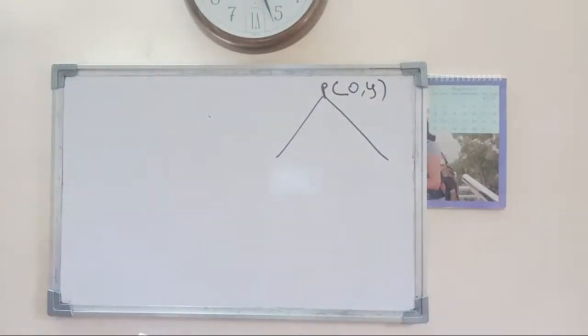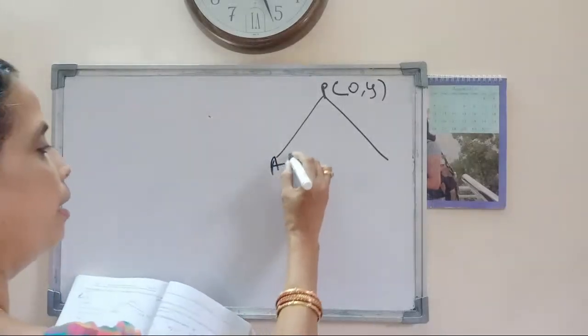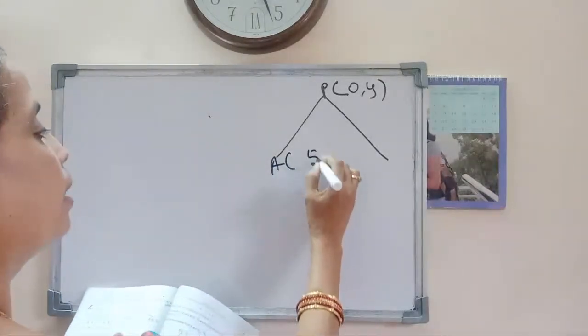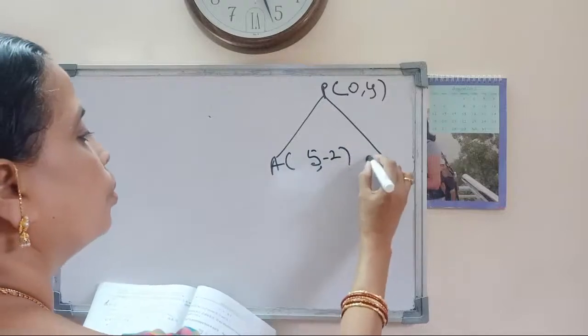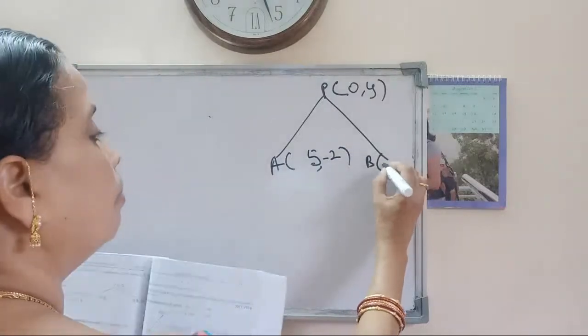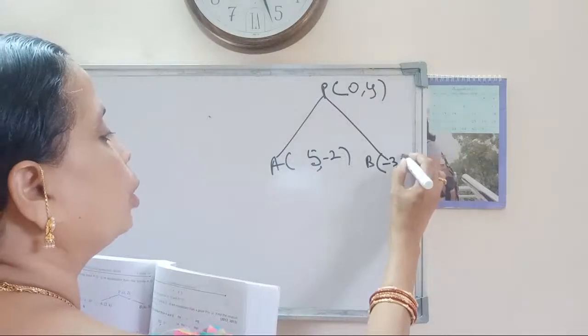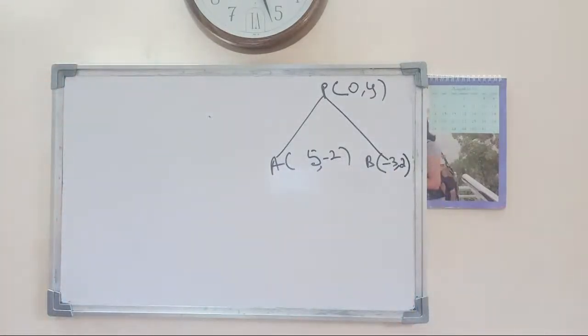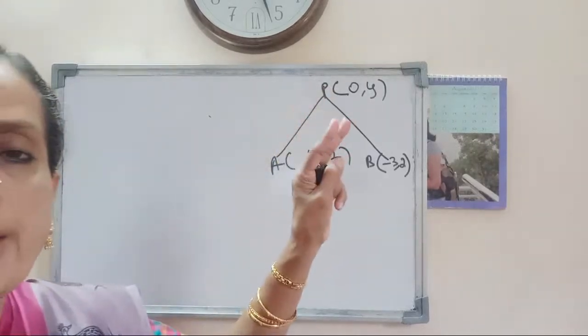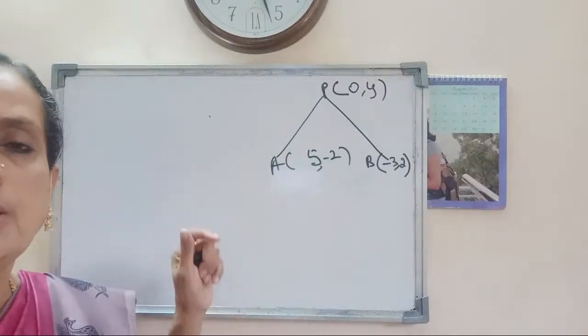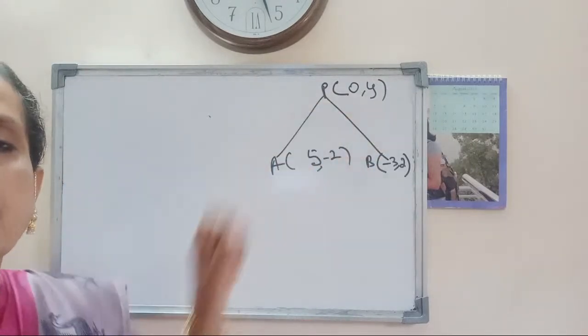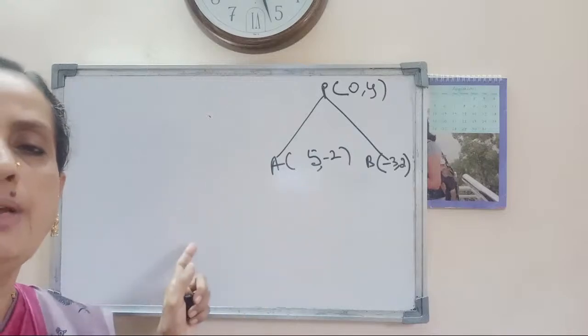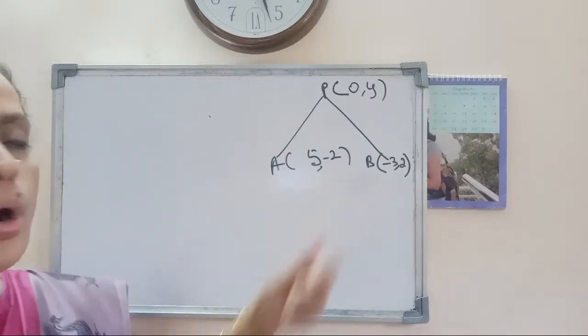The question: which point on the y-axis is equidistant from A (5, -2) and B (-3, 2)? Two conditions are given: one, the point is on the y-axis, and two, the point is equidistant from these two points.